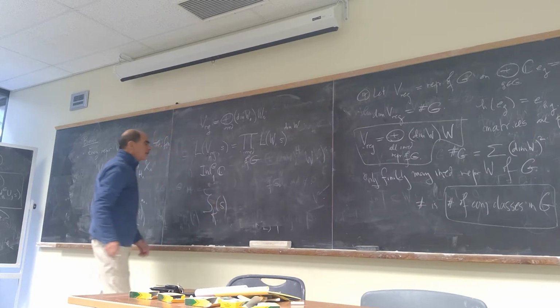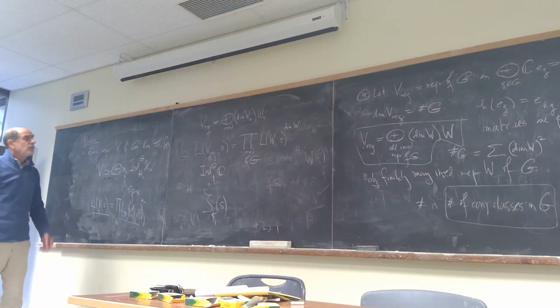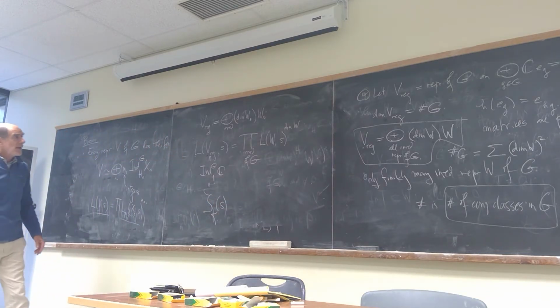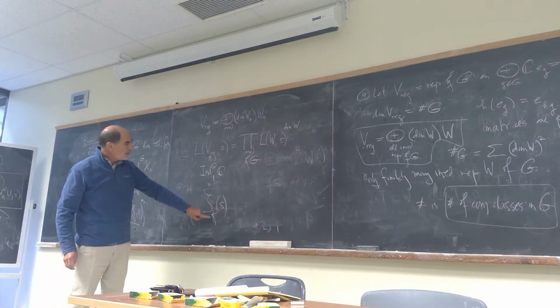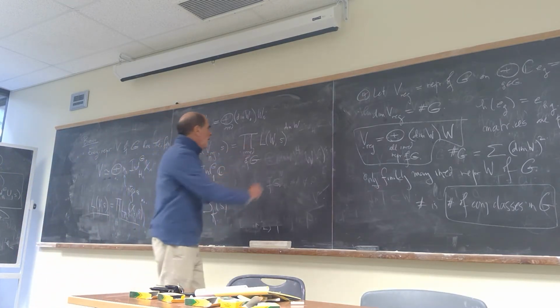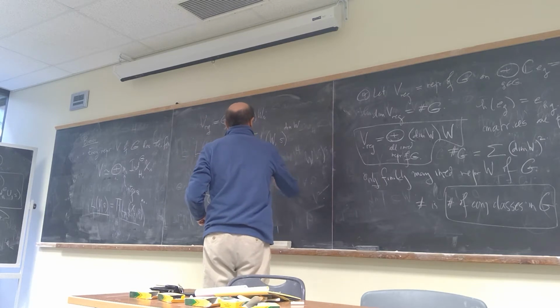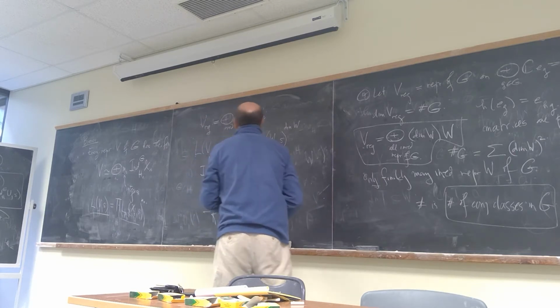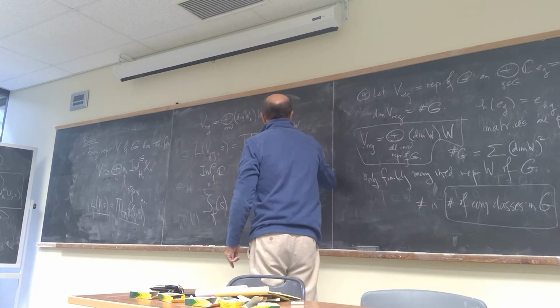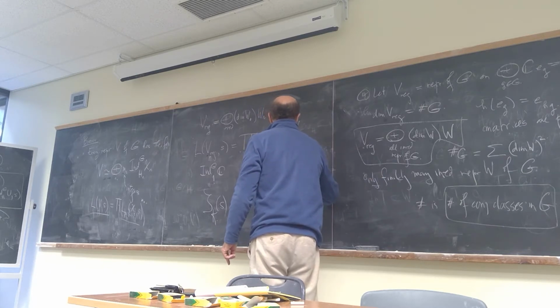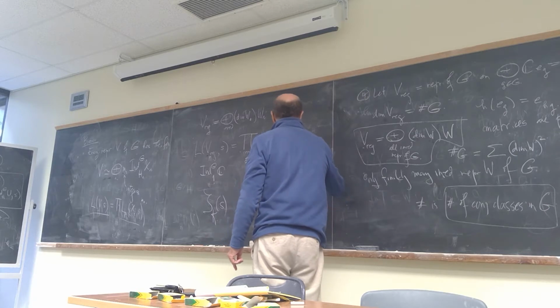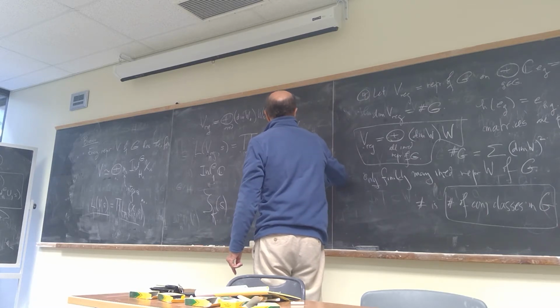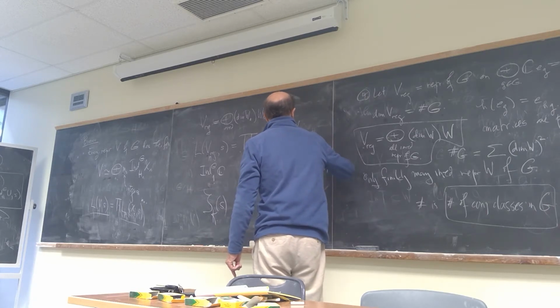Remember, we saw the zeta function of little k was just the trivial representation. So this is the zeta function of capital K. So what does this look like? This looks like the zeta function of little k, s, that's the trivial representation, times the product over the irreducible representations W which are not the trivial representation of L(W, s) to the dimension of W.